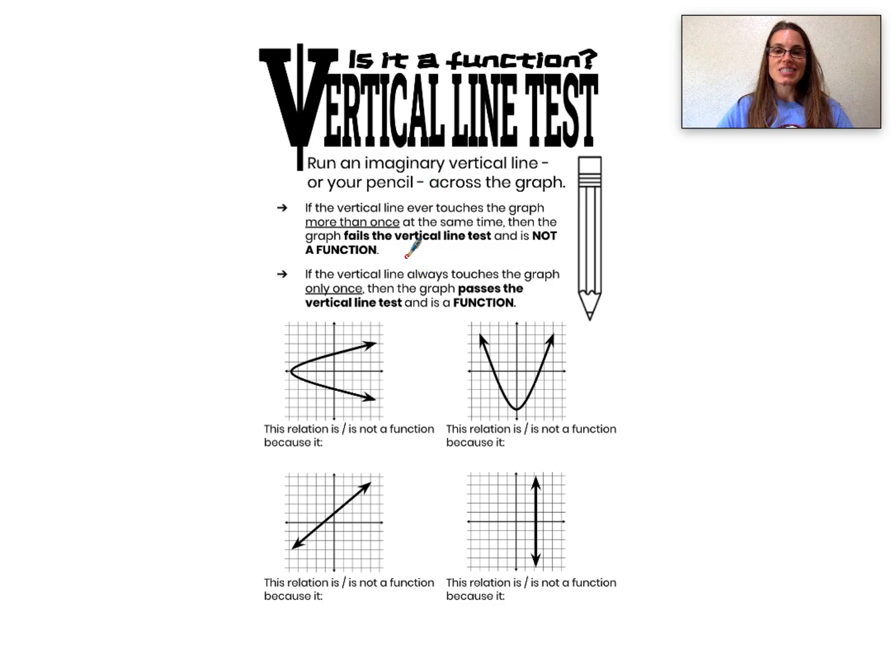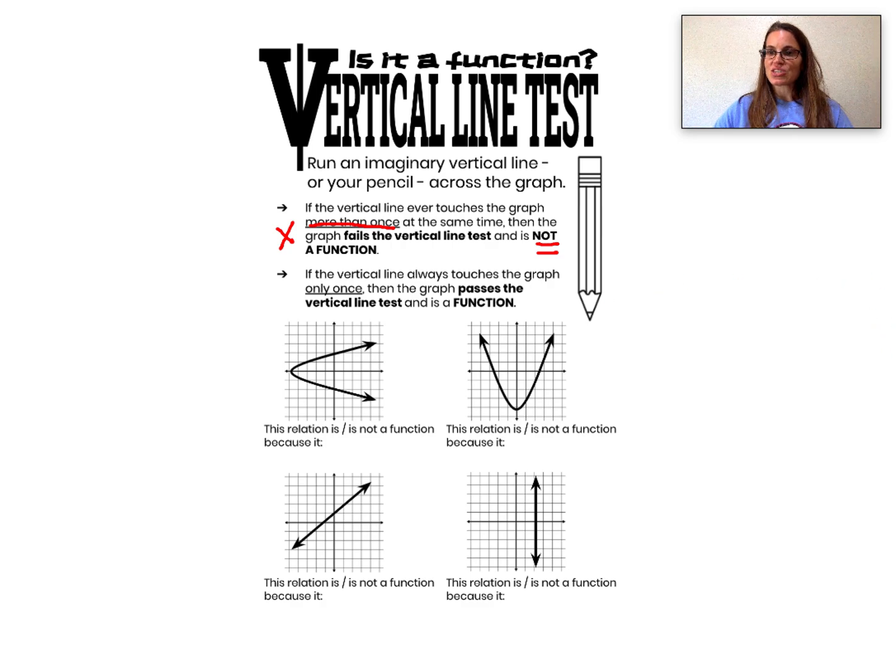Here's how the vertical line test works. The vertical line test involves running an imaginary vertical line, some teachers say to use a pencil, across the graph. If that vertical line ever crosses the graph more than once, then the graph fails the vertical line test, and the graph is not a function.